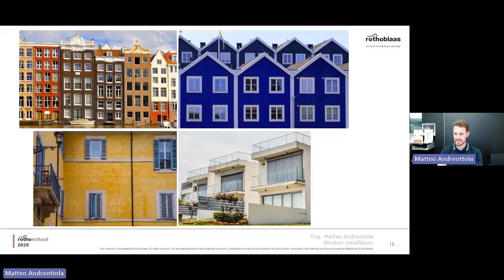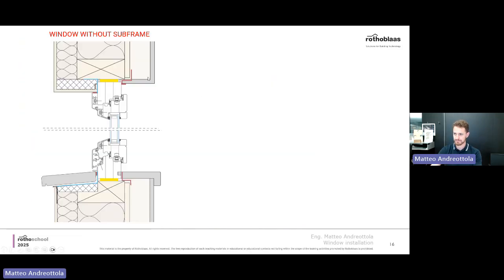And since you are all from the US and around America, I wanted to bring you the typical types of windows that we have in the world. I brought you some European examples. You just change country, you go a few hundred kilometers in one direction, and the architecture changes completely. So imagine how difficult it is, especially here in Europe.